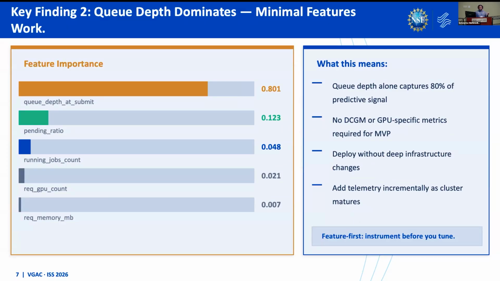So in terms of feature importance, we used queue depth at submit time. One thing we were doing was trying to find out, before a user submits a job, when that job has been submitted on a cluster, and when that job is running on a cluster, those are 3 different things. What state was that cluster before you submitted the job? What state is that cluster when you submit the job? And what state is that cluster after you submit the job?